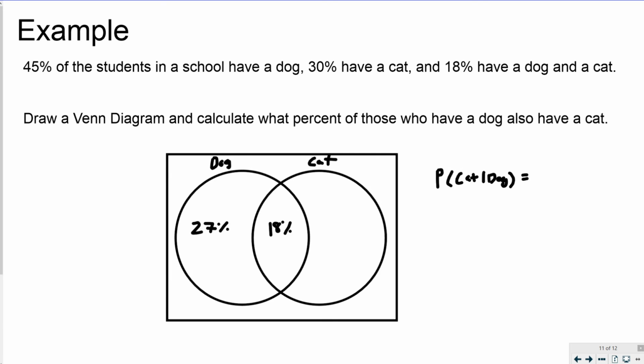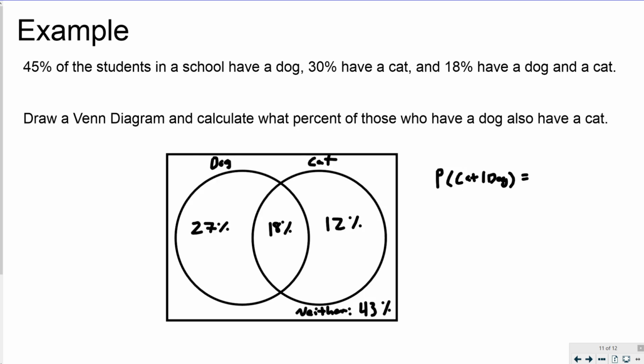And then the cat would be 12%, 30% minus 18%. And then the next thing that we still have to do is calculate the neither. So if you add up all of these categories, 18 plus 12 is 30 again, plus 27 is 57%. So 57% means 43% have neither.